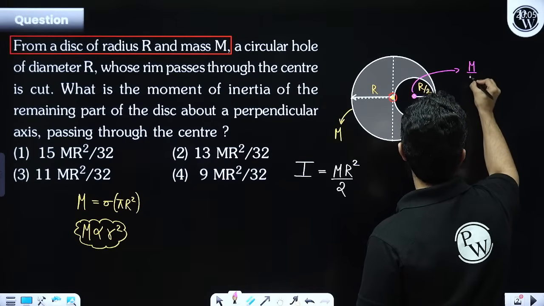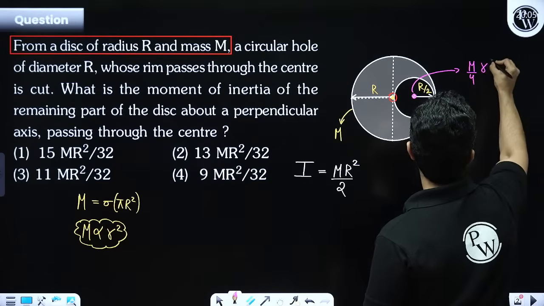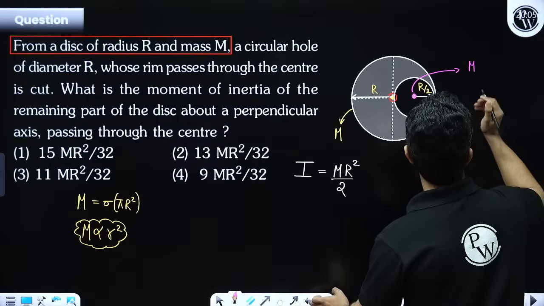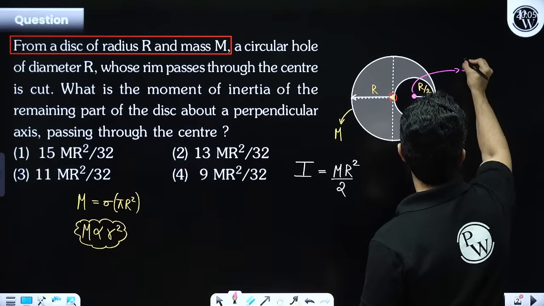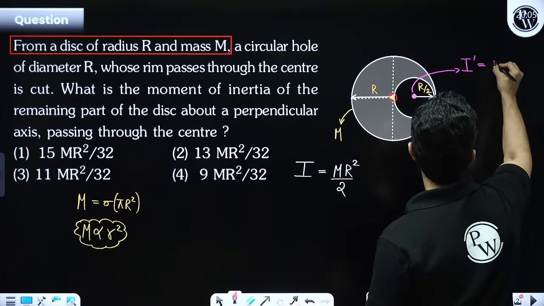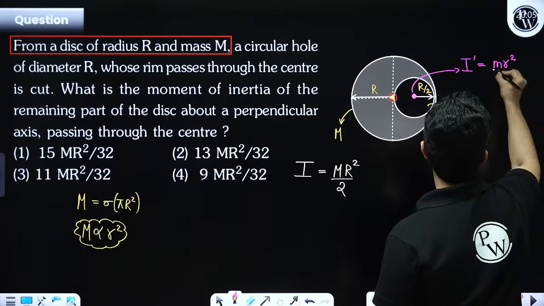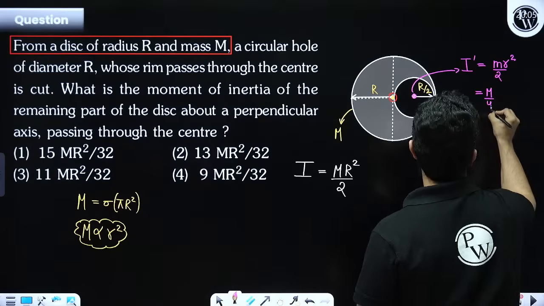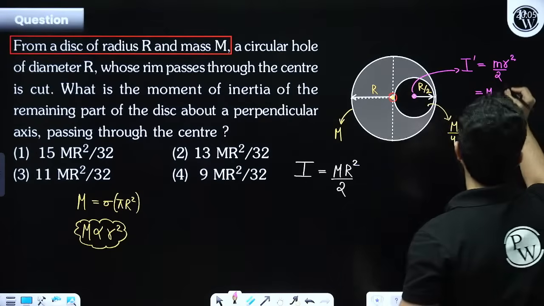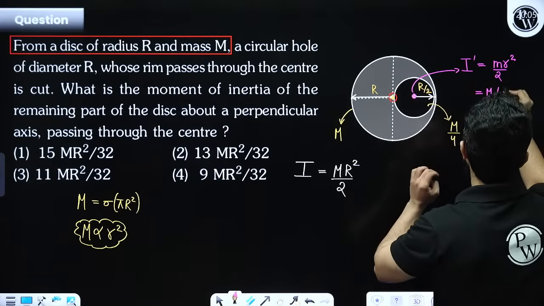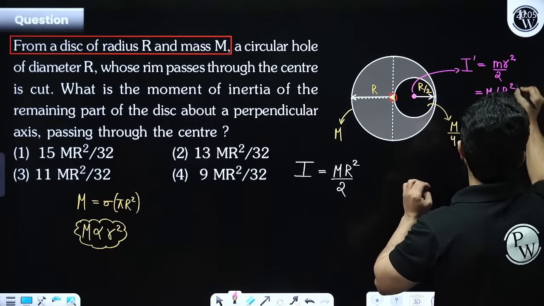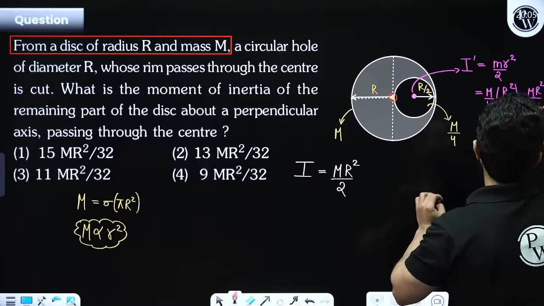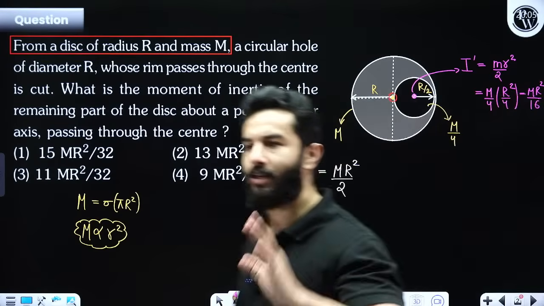Let me write it again: this is I dash. Instead of small m, I am going to write the mass of this disk, capital M by 4, and instead of radius, I am going to write R square by 4. So this will be MR square by 16. Is it fine, my dear friends? Quickly write down in the chat box.